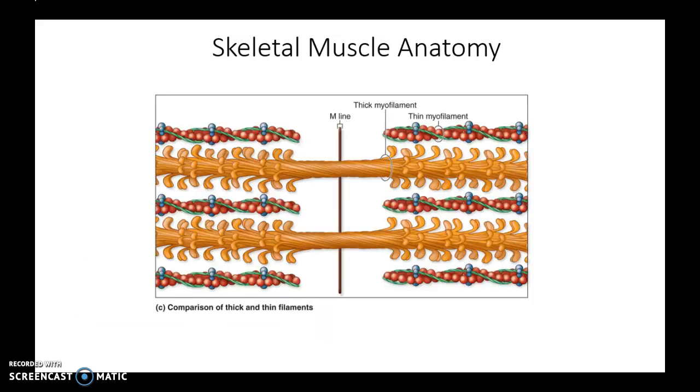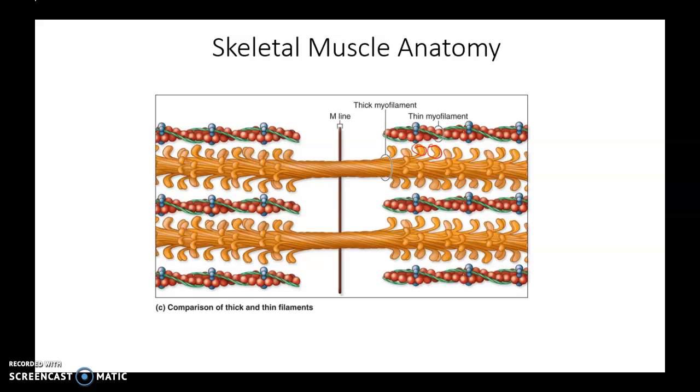Okay, so we are zooming into the actin and the myosin proteins here, or we can say we are looking at the thin and the thick filaments here. So as you see, the yellow molecules, these are myosin. So this is a myosin molecule, this is a myosin molecule.